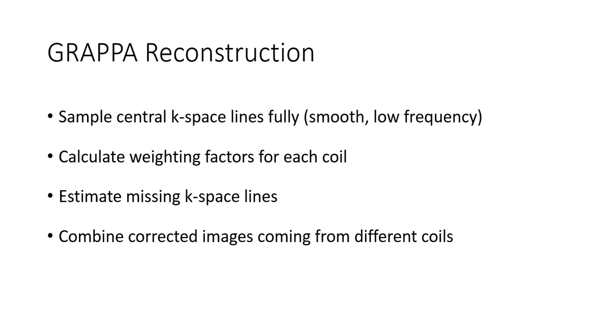In the SENSE MRI sequence, the reconstruction is done after Fourier transformation. Basically, this means the reconstruction is not done in the Fourier domain or in the frequency domain. In GRAPPA, this is the main thing: it's done before Fourier transforming the images, and to be able to do that, we need to estimate the missing lines, and that way we can construct an alias-free image for every single coil.